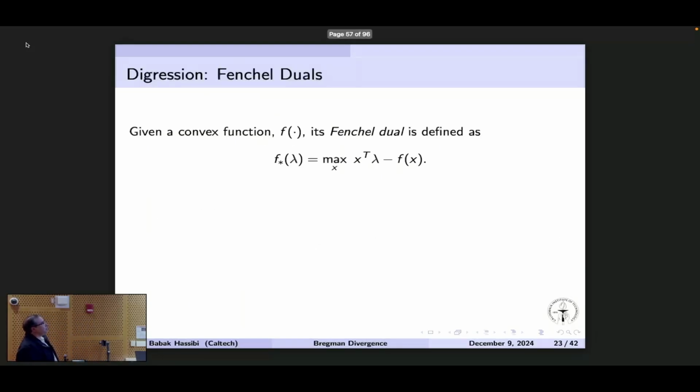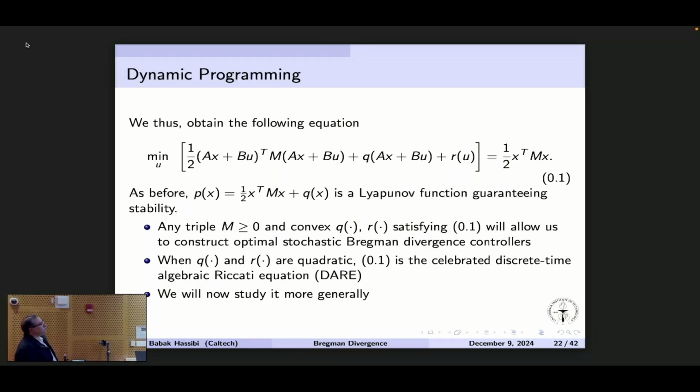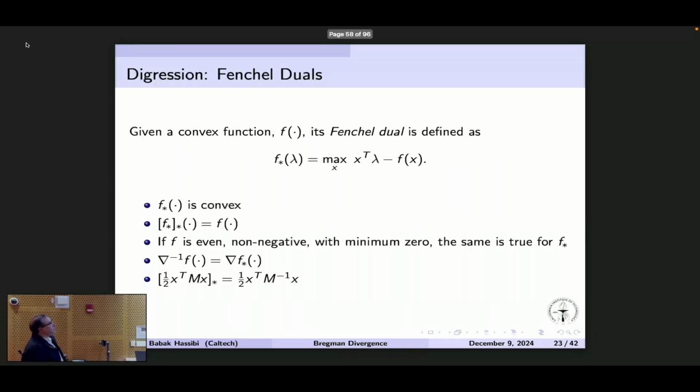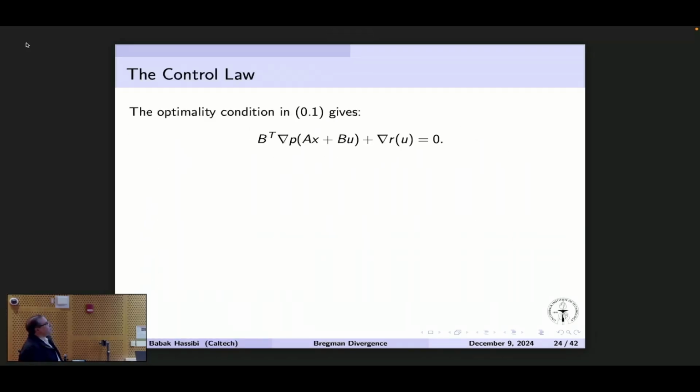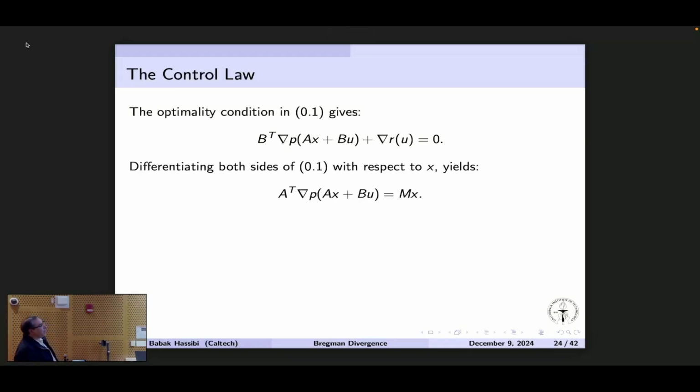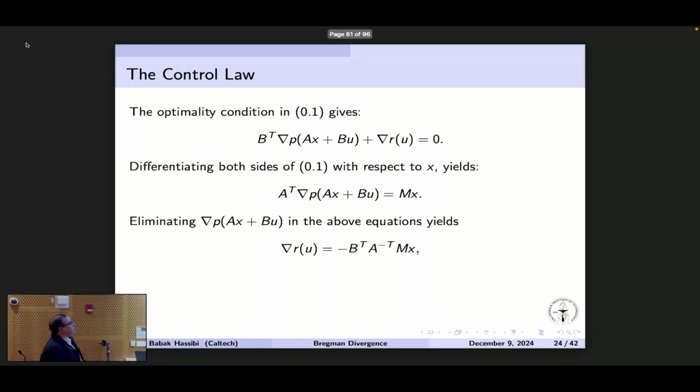And so let me now look at this equation. Okay, so I want to minimize over u, and I want to get back a quadratic. If you look at the optimality condition, if I differentiate with respect to u, this is what you get. I don't expect you to remember the equation. If you differentiate with respect to x, because the equation was an identity over x, you get this. Doesn't matter.